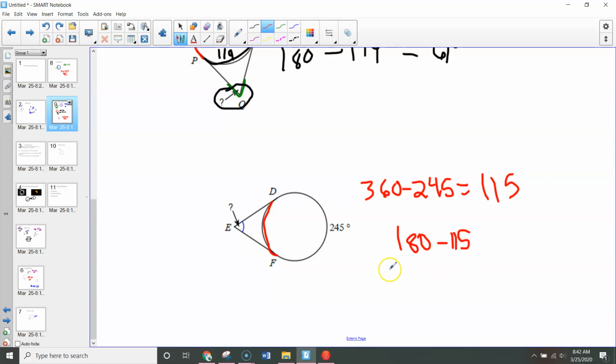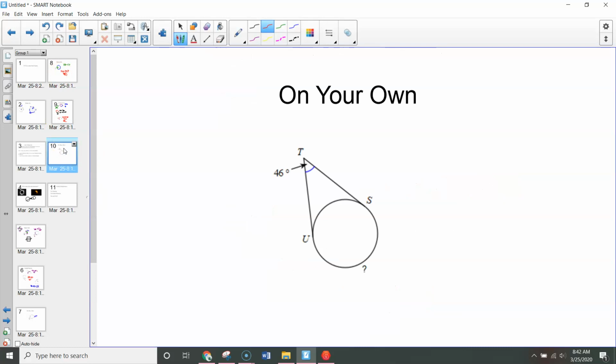And that gives me 65 degrees. Go ahead and try this one on your own. Once you're ready, press play. Okay, and you should get 226.